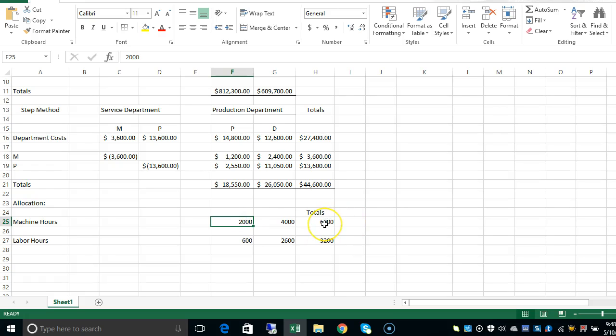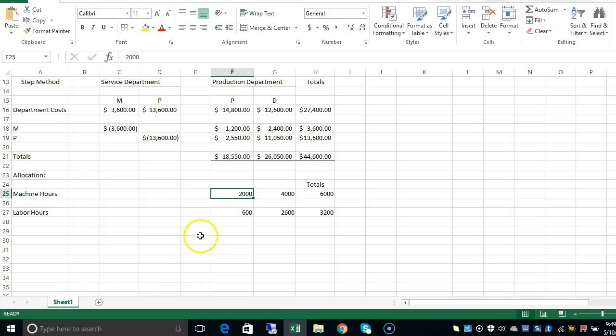So total machine hours used by production departments was 6,000, of which P's machine hours are 2,000 over the 6,000, which is a third. So what I did was I simply took the 3,600 of department costs, took F25, which is the 2,000, divided by the total, and multiplied it by the cost.